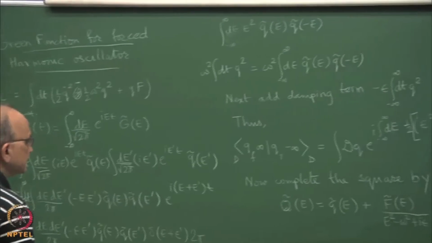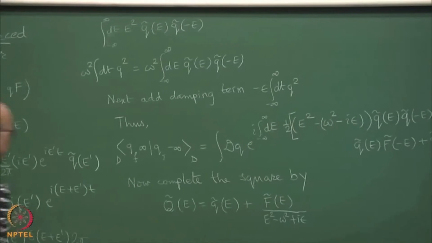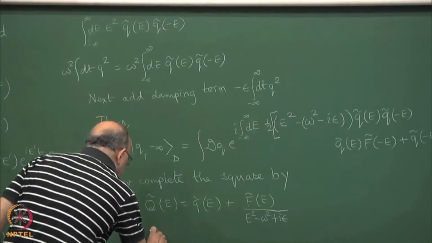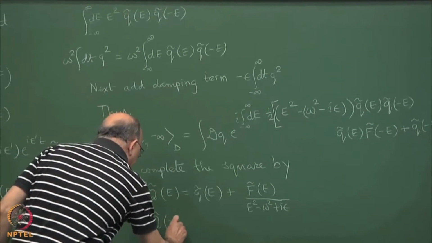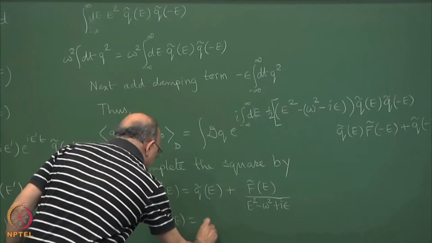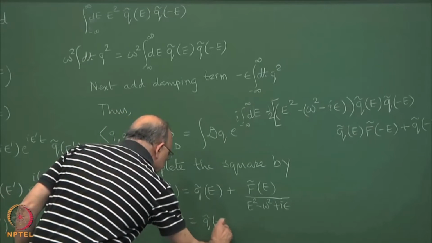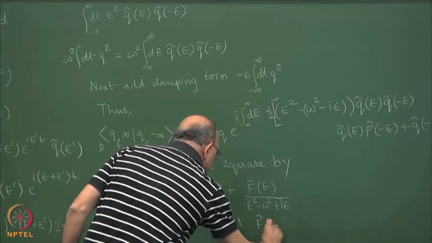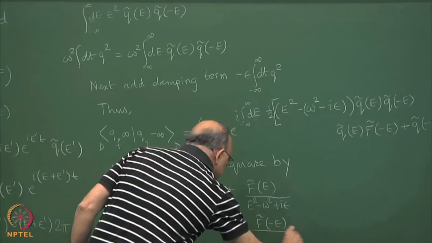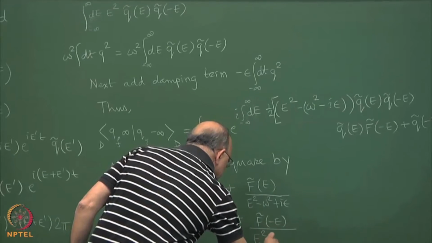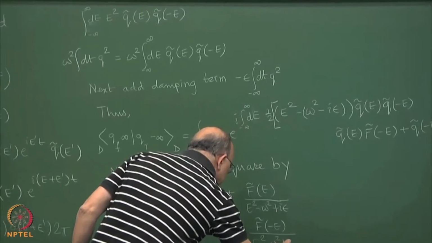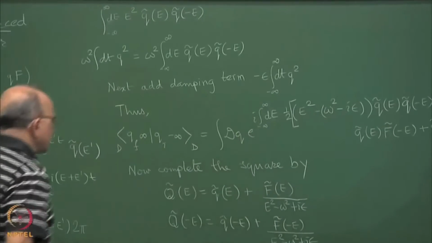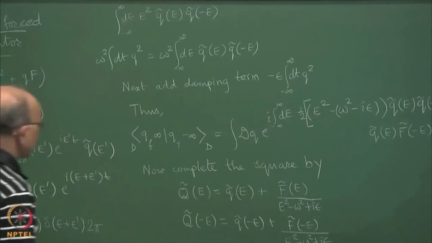So if I just take q tilde E and q tilde minus E, big q tilde minus E, then does the product work out to be that?